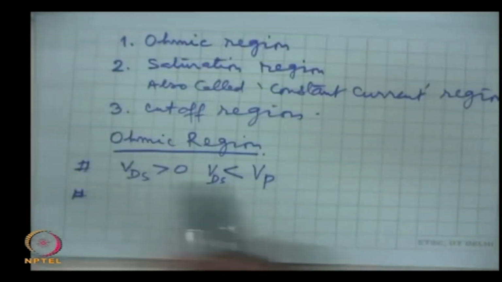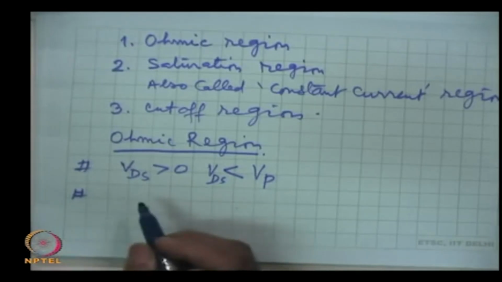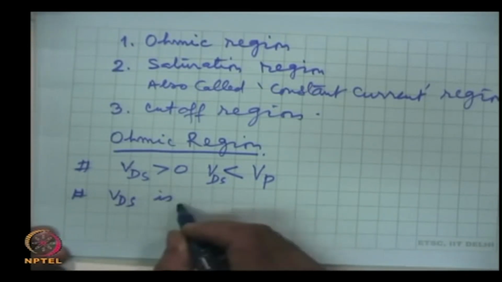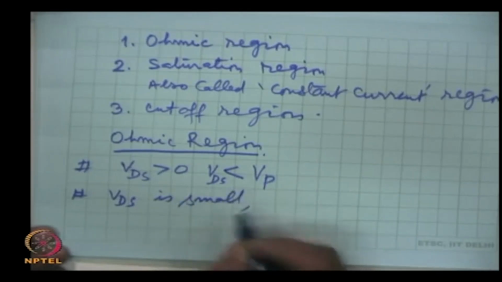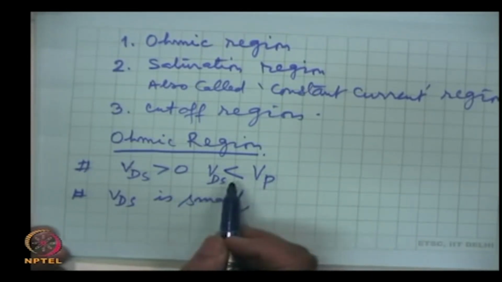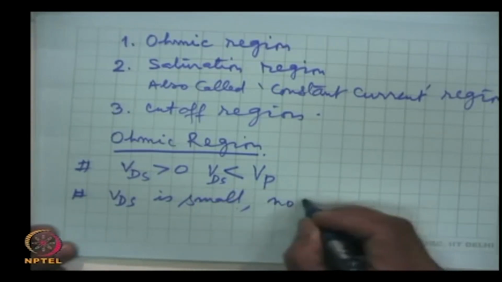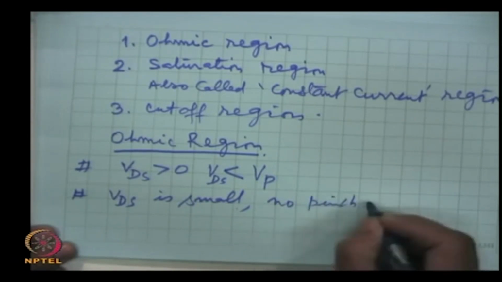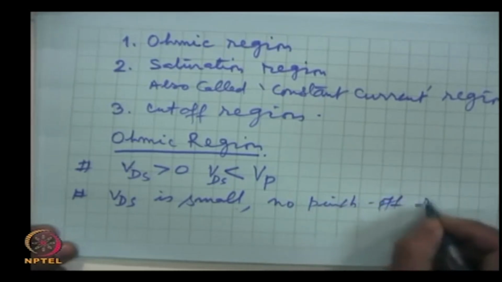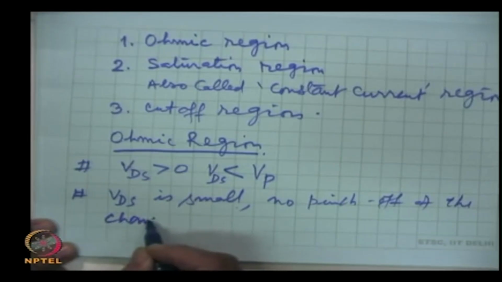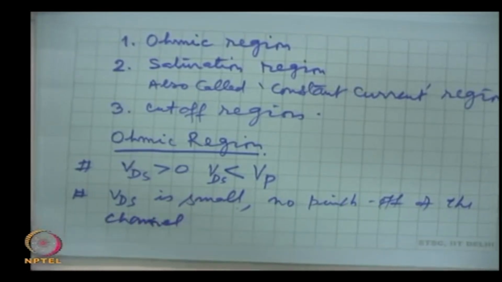So, in this region VDS is small and it is below pinch off. So, there is no pinch off of the channel, and the current increases.